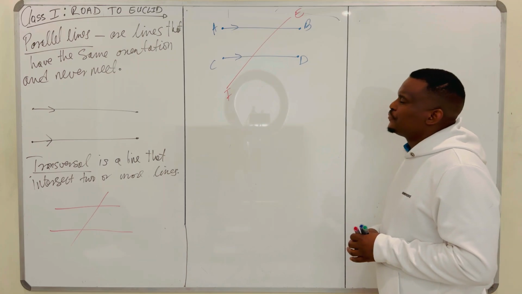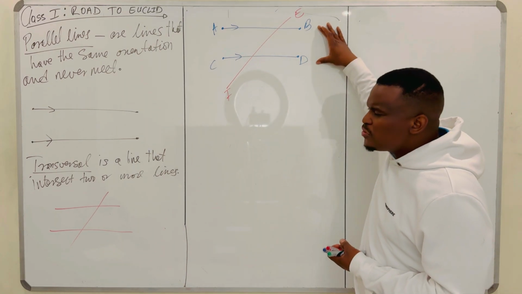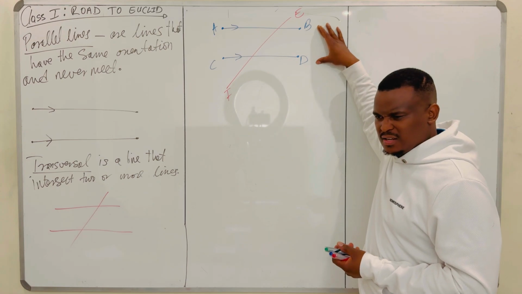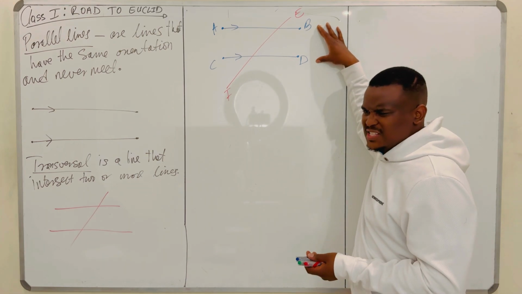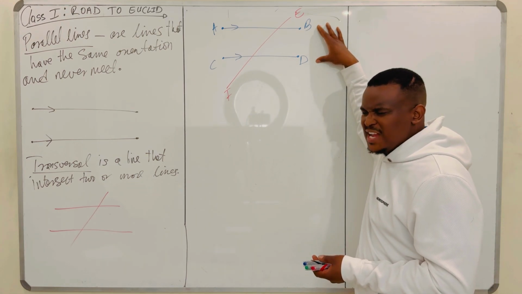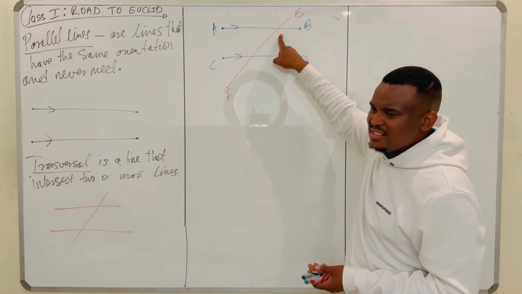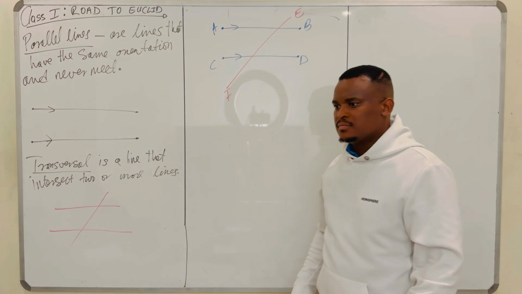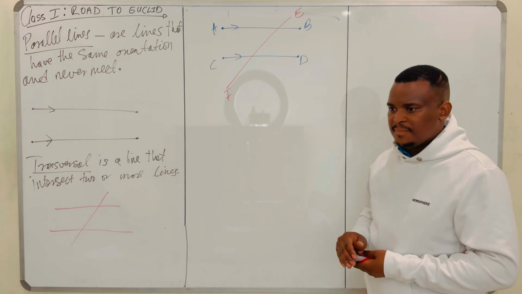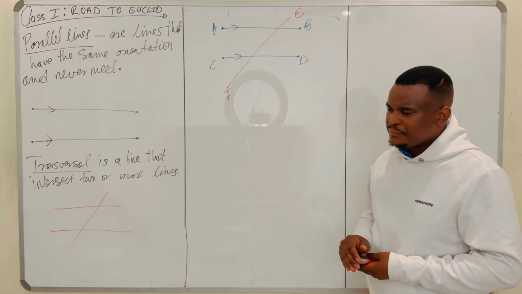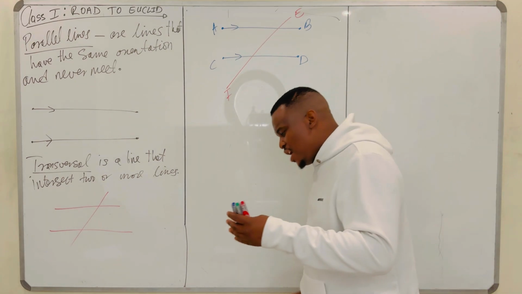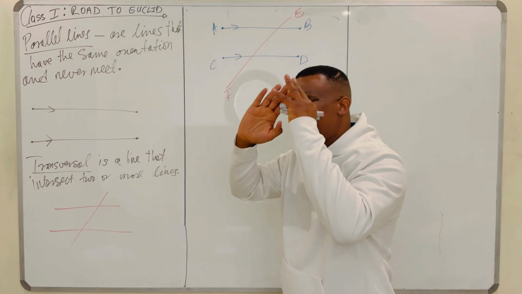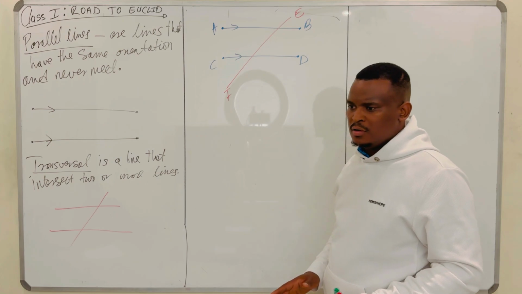Because if both of these are parallel, which means they have the same orientation, they are more or less copy and paste of each other. Right? Yes. They are intersected by another line. That line will intersect them exactly the same way. I'm not sure if you hear what I'm trying to say. Yes. So if you have two parallel lines and you have a transversal, the transversal will intersect both of them in the exact same way.